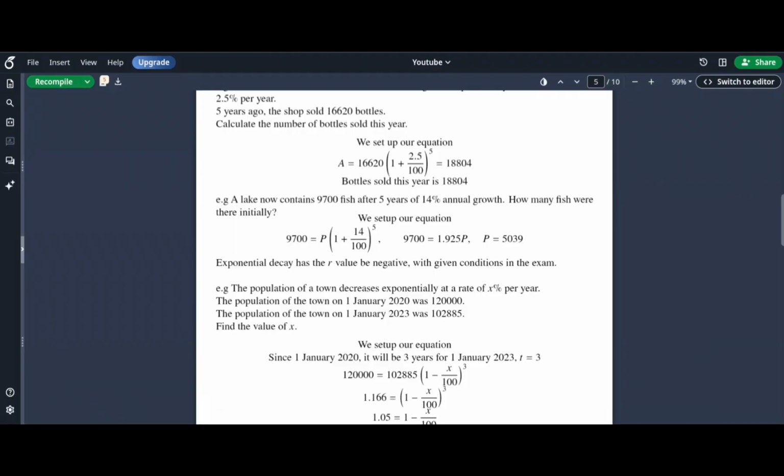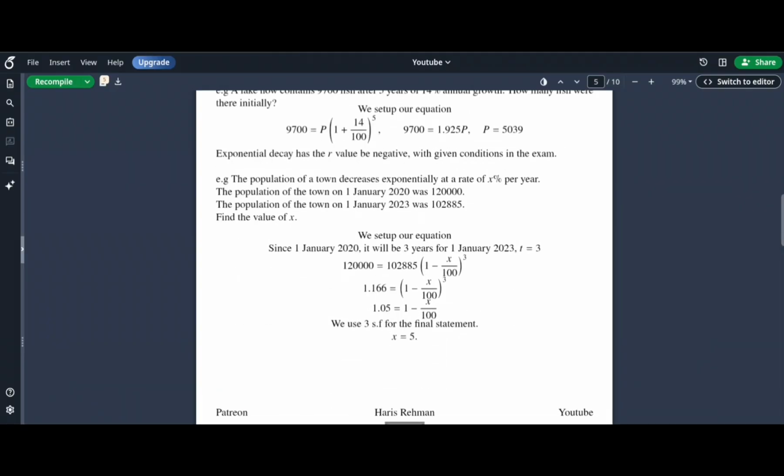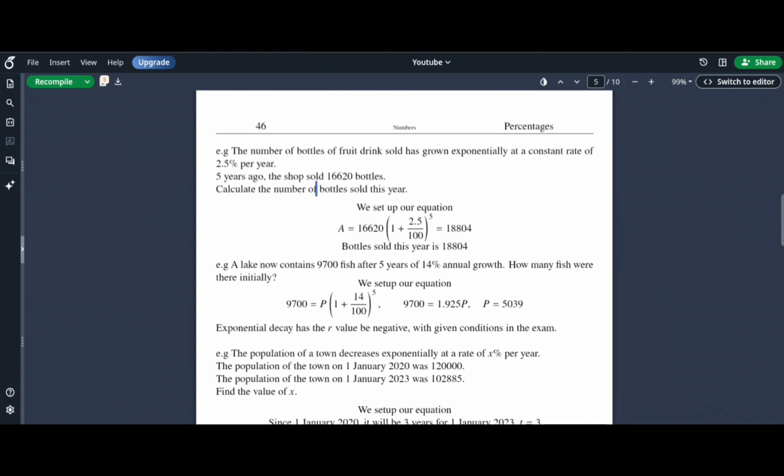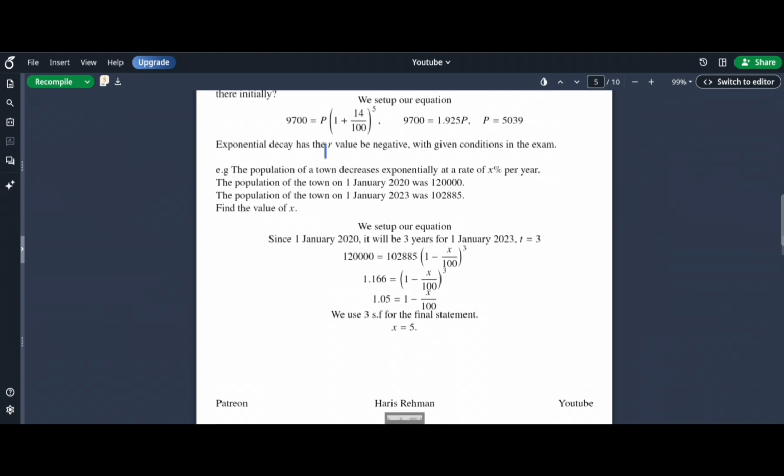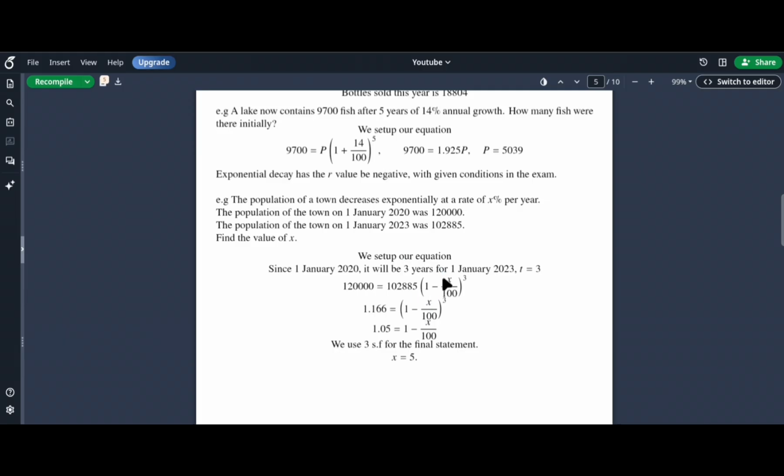Now on to exponential decay. Exponential decay has the r value be negative. Here we had it positive, here it's just negative. Why? Because this value decreases as the exponential rate value increases, so that's why it's exponential decay.